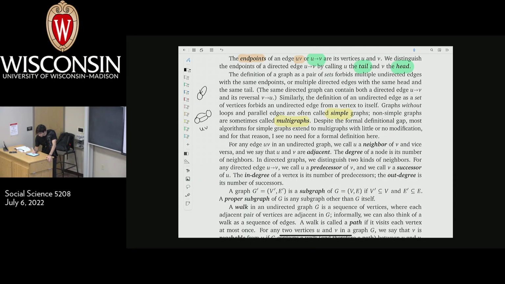For a normal graph, an undirected graph, the issue with self-loops is it's a set, right? So if you have the set VV representing a self-loop, that's not really, that doesn't exist. This is just a single set with a V in it. So if the edges are strictly pairs of things, or 2 subsets, a subset of size 2, then that can't really exist because it's not size 2.